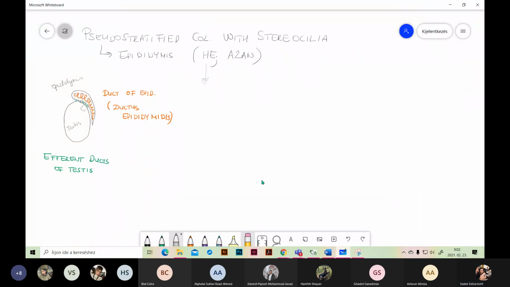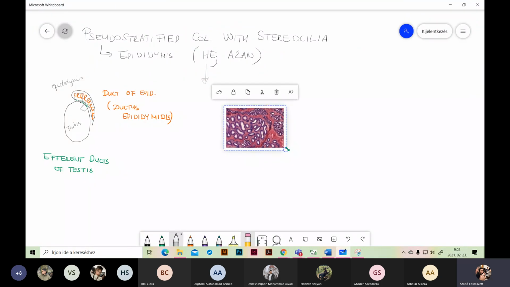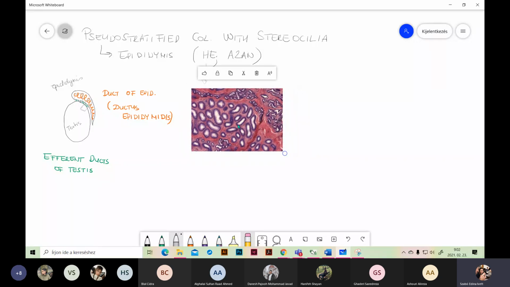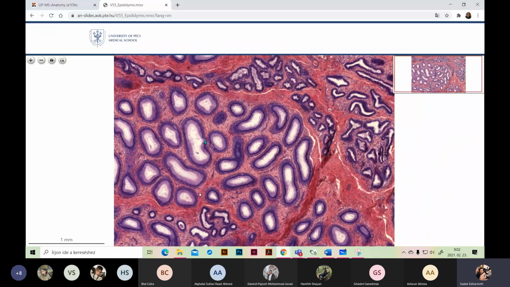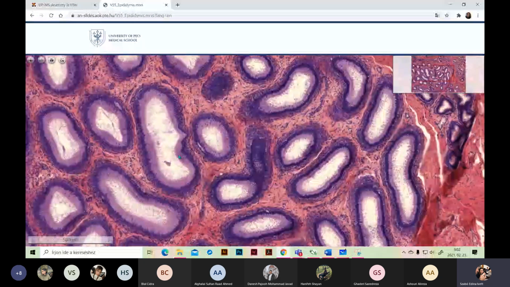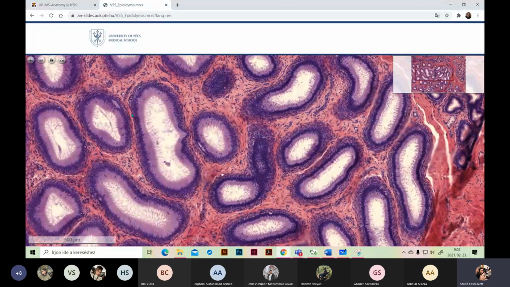So this is the Azan stain slide, where you see these ducts, efferent duct of testis and ductus epididymidis. Sorry, here we should start with this duct, the nice one.